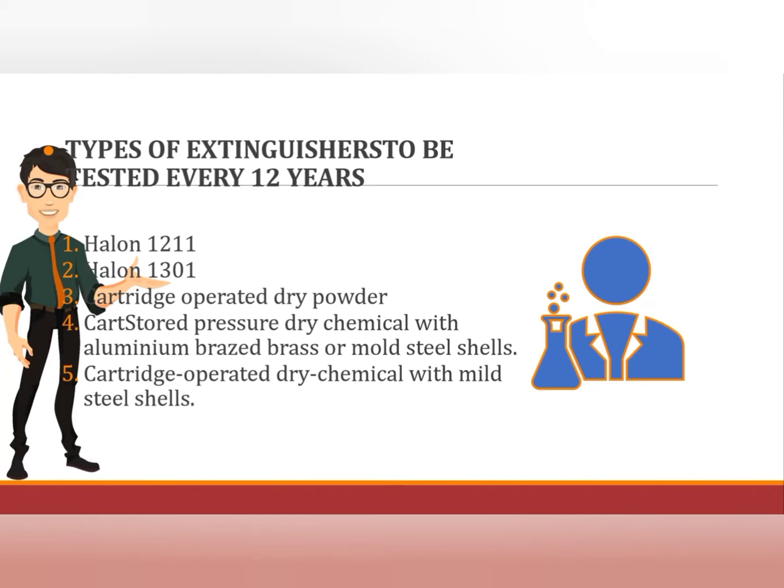It may be used on sodium, potassium alloy, and magnesium fires, which is the classification of class D fires. And the fourth one is the stored pressure dry chemical with aluminum brazed brass or mild steel shells and cartridge operated dry chemical with mild steel shells.